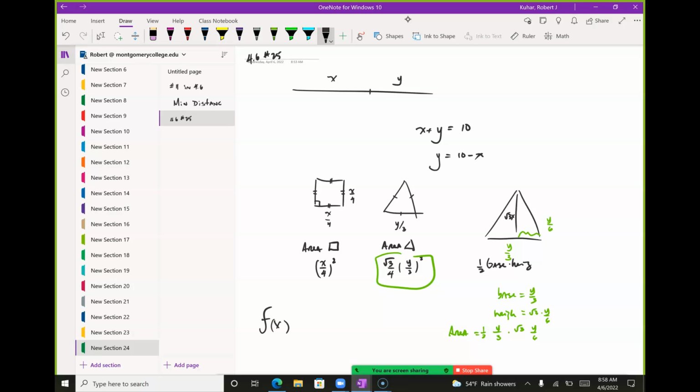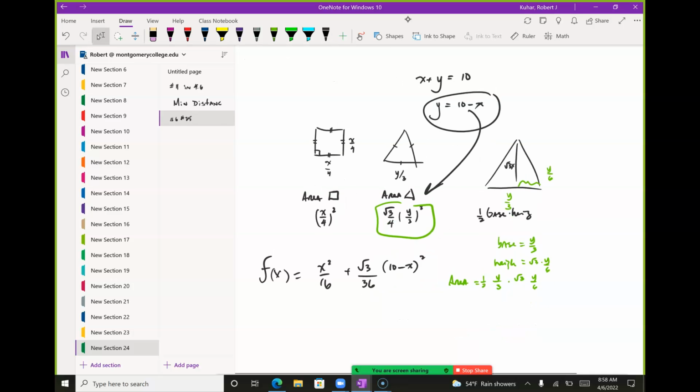So f of x pretty quickly becomes x squared over 16 plus square root of 3 over 36 times 10 minus x squared. I just put that y value in there. And there's my function I want to maximize. Okay, so just trying to save face a little bit from Monday. We all make mistakes.